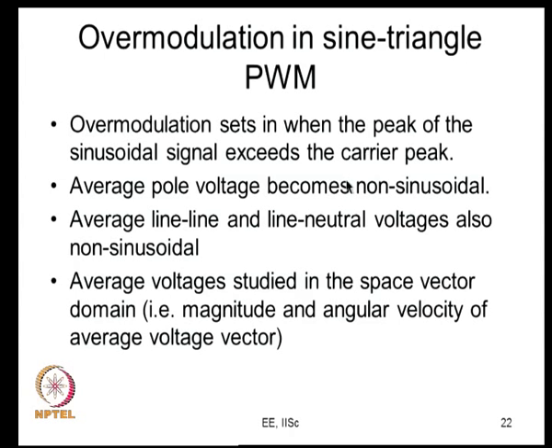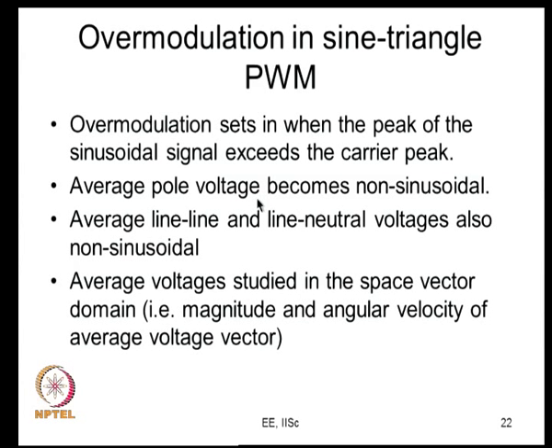Whenever it goes above V peak, average pole voltage will be clipped to plus VDC by 2. Similarly, when the modulating signal goes below minus V peak, this will be clipped to minus VDC by 2. A peak clipped sinusoidal waveform is certainly not sinusoidal, it has low frequency harmonics, it will have third, fifth, seventh and what not. So, you would expect your average pole voltage to be non-sinusoidal.